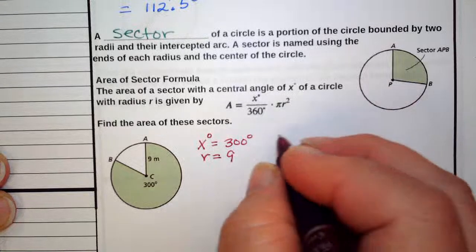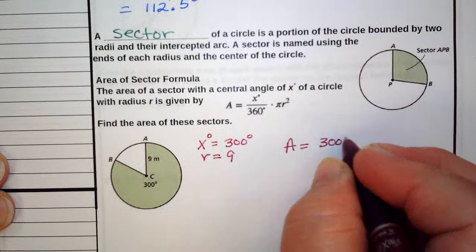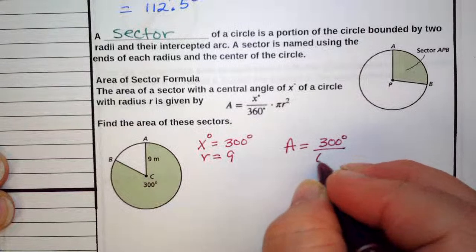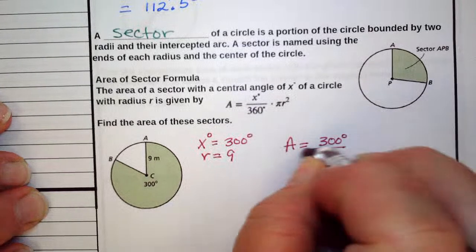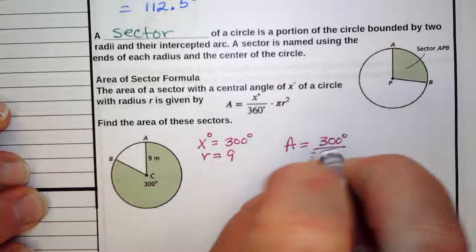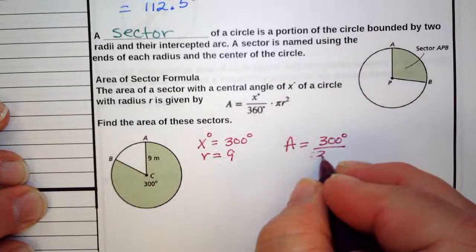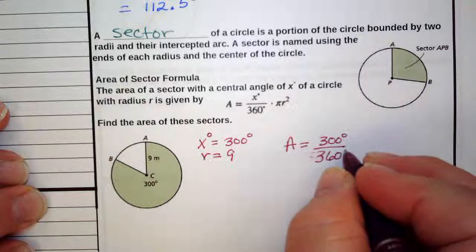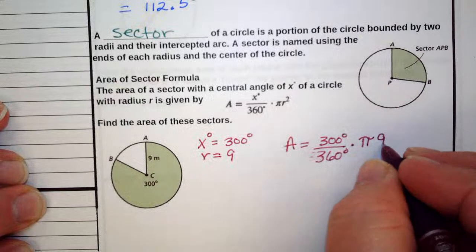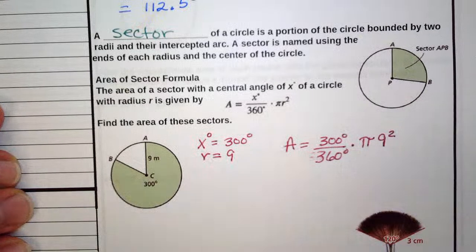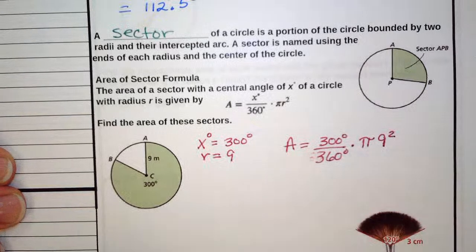Substituting it into my area formula, 300 degrees divided by 360 degrees. I almost put 630 for some odd reason. 360 degrees is that total circle, times pi times 9 squared. If I wanted exact, I'll leave pi in.